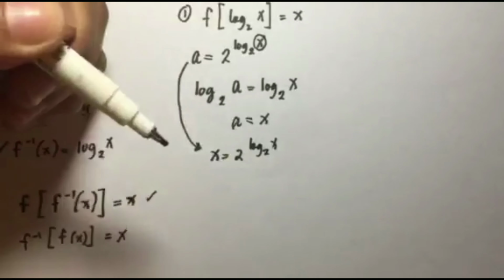So, another, pakita naman natin yung pangalawang property. So, ito na tayo. Kopyahin natin siya, no? So, sa pangalawa na to, we have f inverse of f of x equals din dapat kay x. What is f of x? Our f of x is 2 raised to x. So, ipalit natin siya dito.